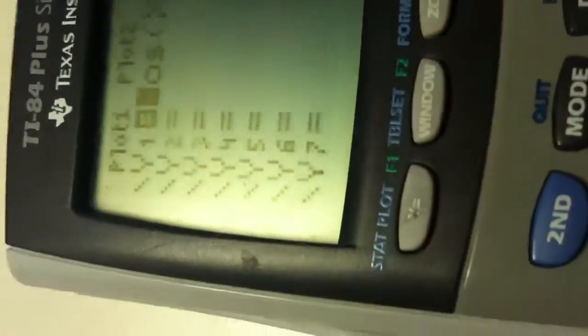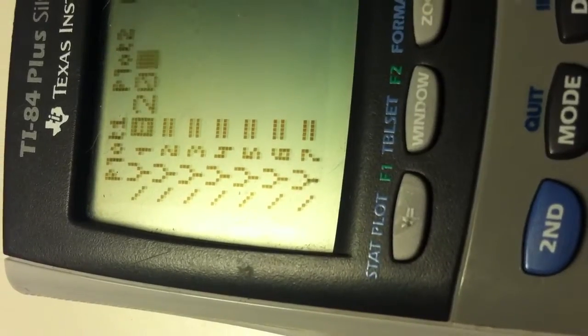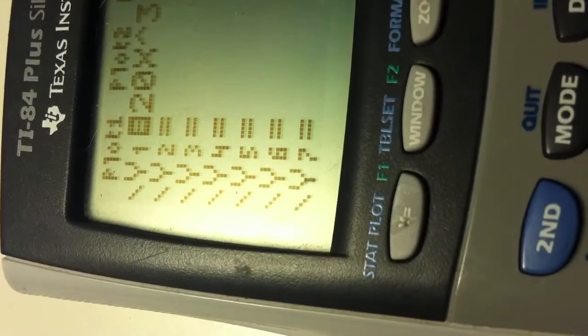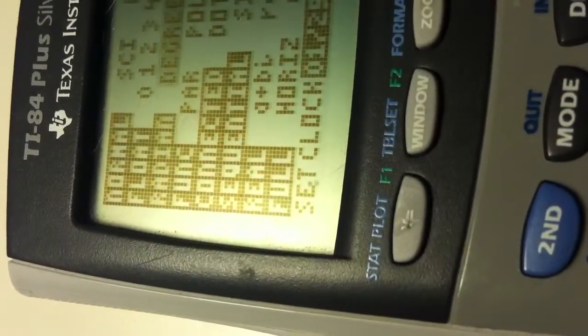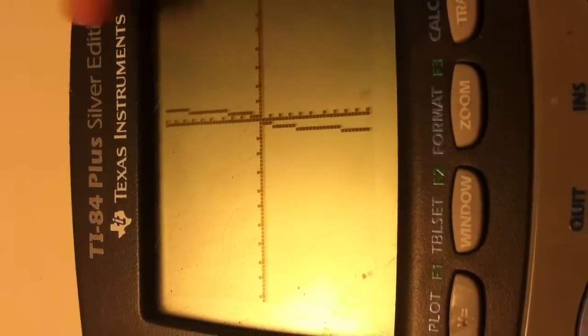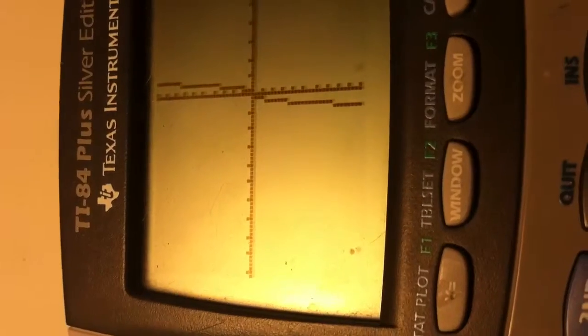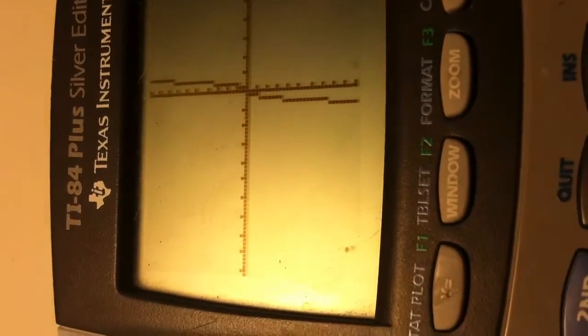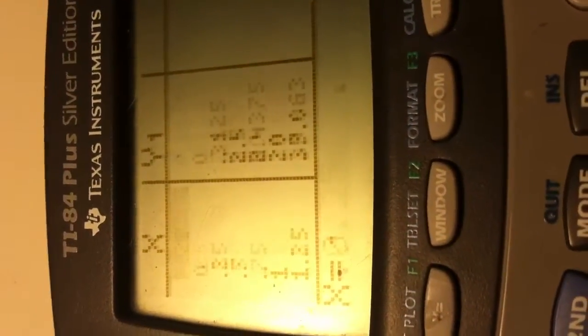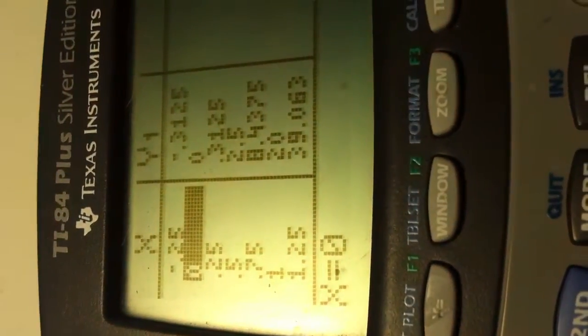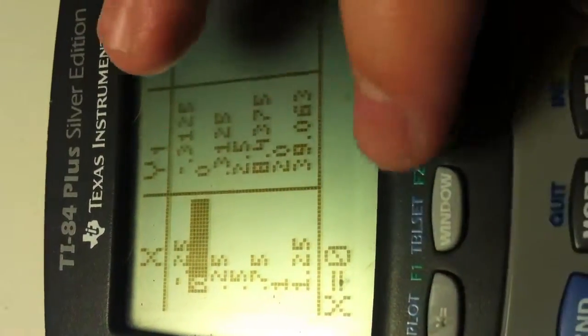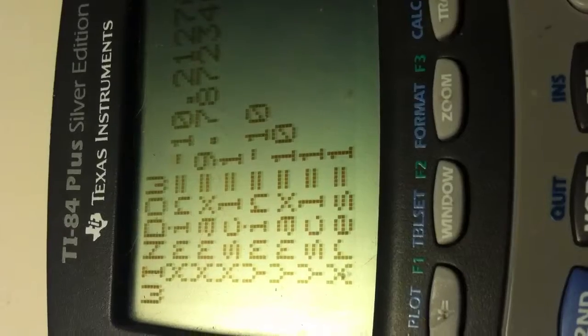So let's look at another example. Let's look at 20x to the third. The graph is a bad graph to show an example, but I'm going to use this.